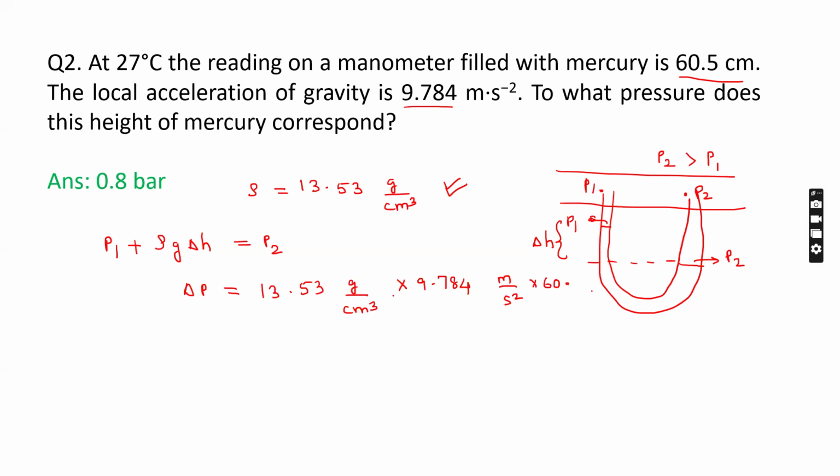Right? Here we get centimeter square and this gets cancelled. We now want to convert everything into same units. So 13.53 into 9.784 into 60.5.